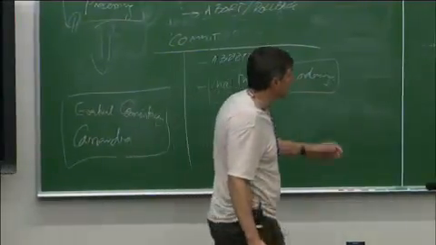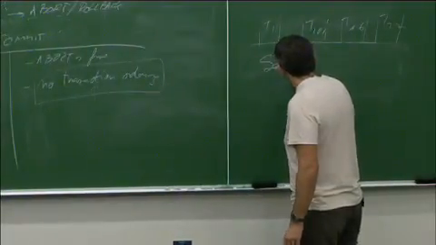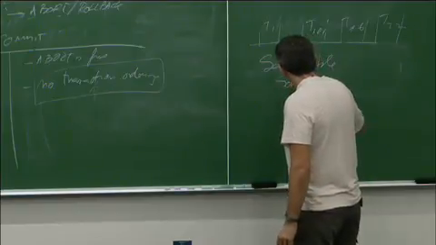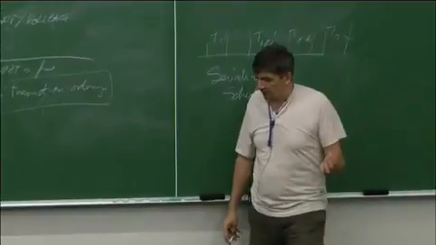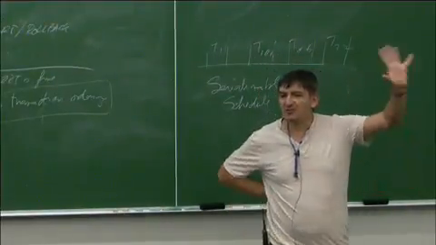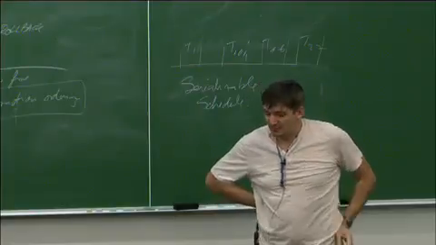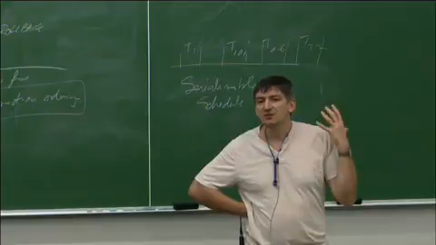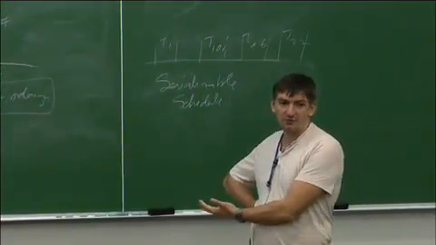Now, one such notion is serializable schedules. A serializable schedule refers to the following notion: the state of the system is the same, from the point of view of the values of the items, as one of the possible serial executions of the transactions.